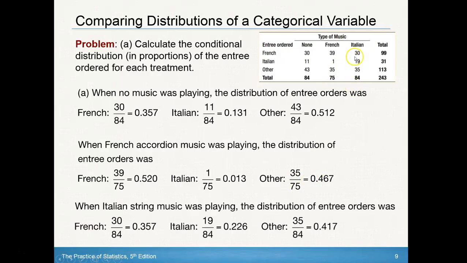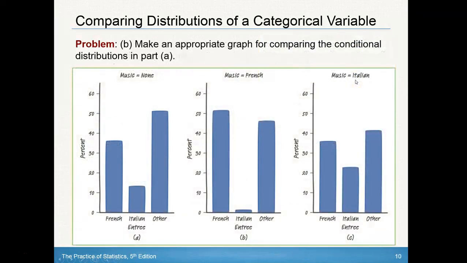What about when Italian string music was playing? 30 out of 84 purchased French, 19 out of 84 purchased Italian, and 35 out of 84 purchased other. So just keep in mind, conditional distribution, there's a condition. The condition in this case was the type of music that was played. Then what was the entree given that condition?